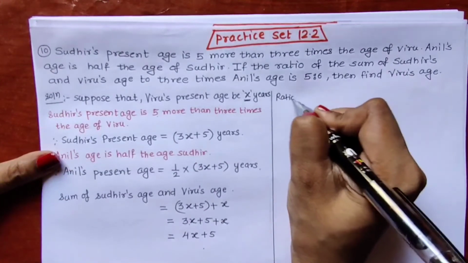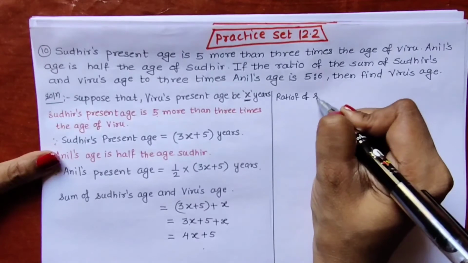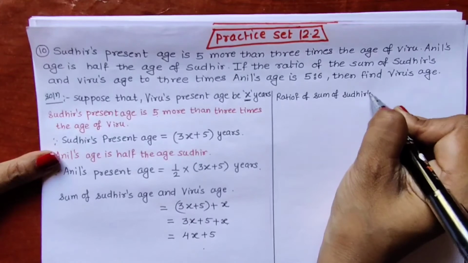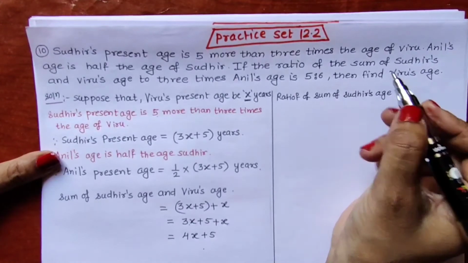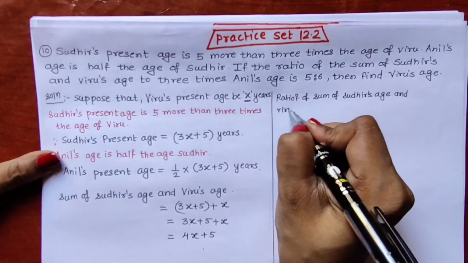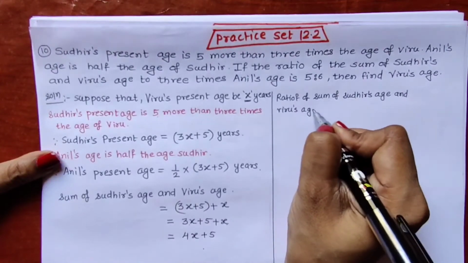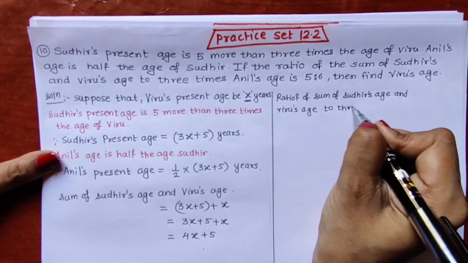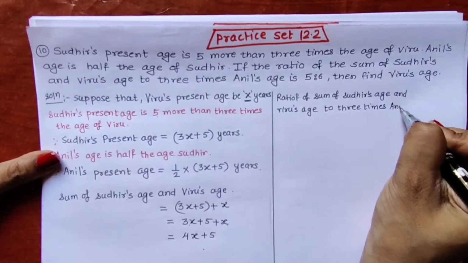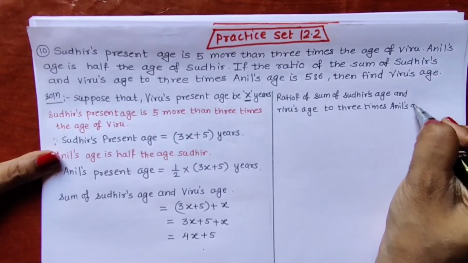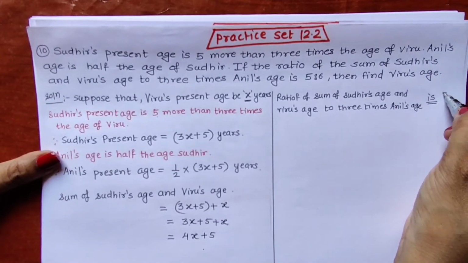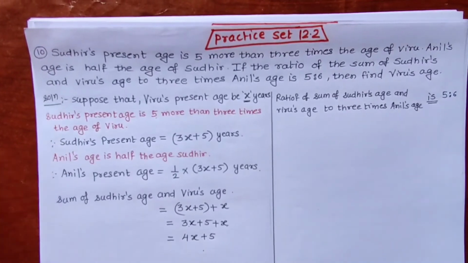Ratio of sum of Sudhir's age and Viru's age to 3 times Anil's age is, which should be written in between, is 5 is to 6, ratio 5 is to 6.